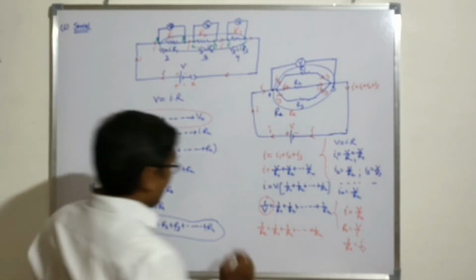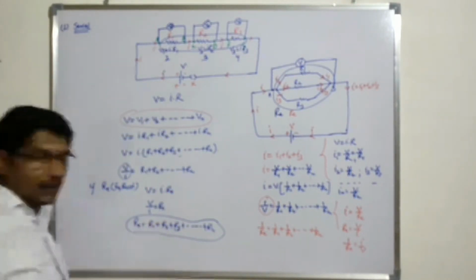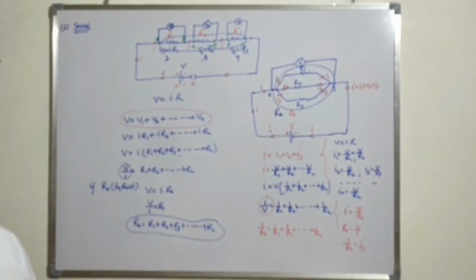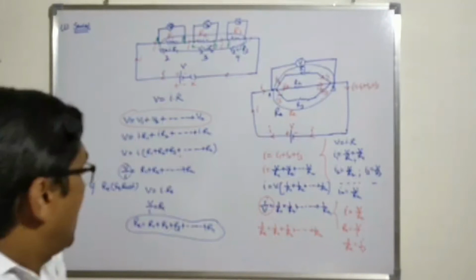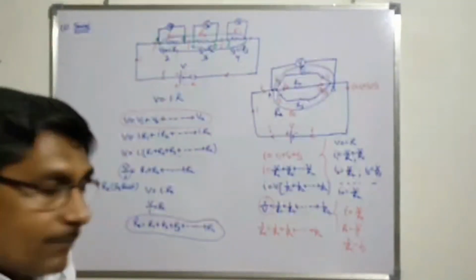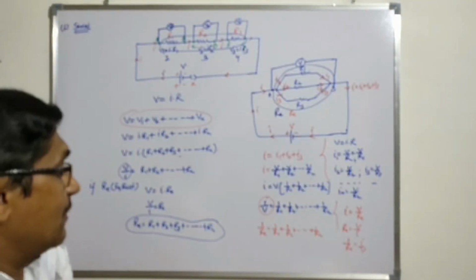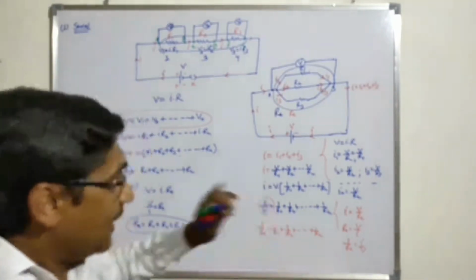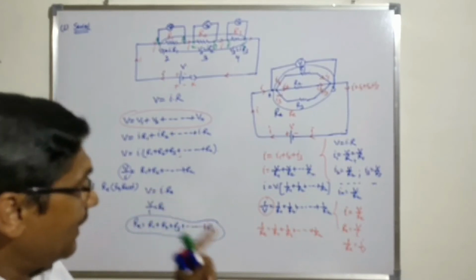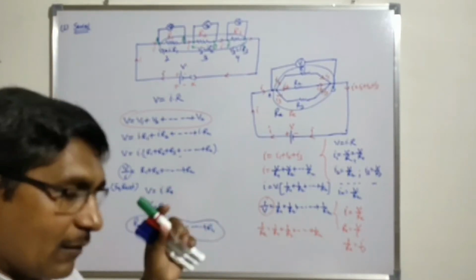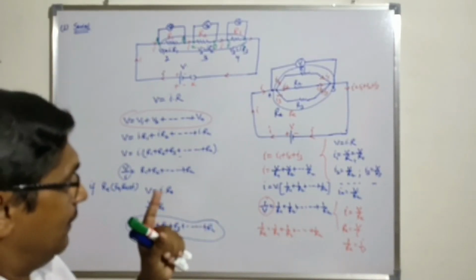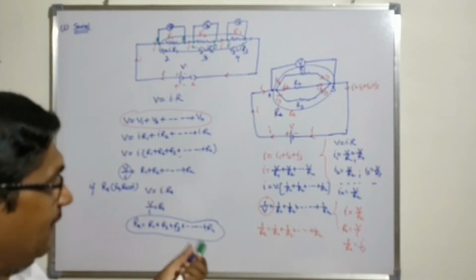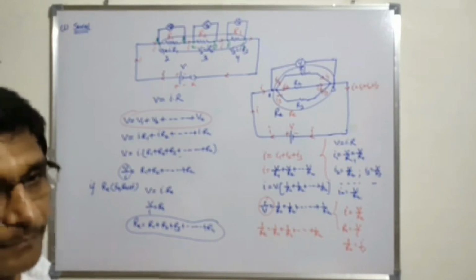It means in series combination, the equivalent resistance of the whole circuit is equal to the algebraic sum of individual resistances, but in parallel combination, the reciprocal of equivalent resistance is equal to the algebraic sum of the reciprocals of each resistance.